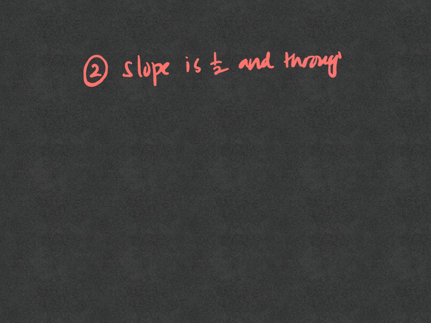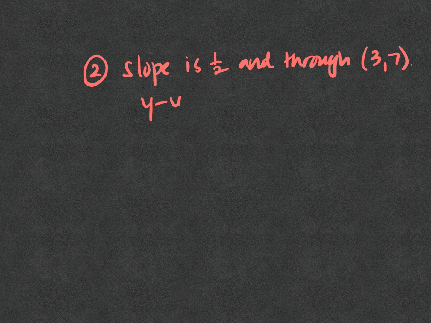So number 2, let's say we have a slope of 1/2. Your book is not going to say m equals, so let's take that out. Let's say that our slope is 1/2, and it's through the point 3, 7.